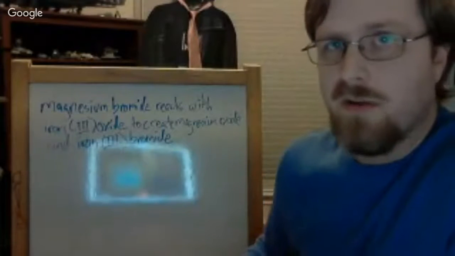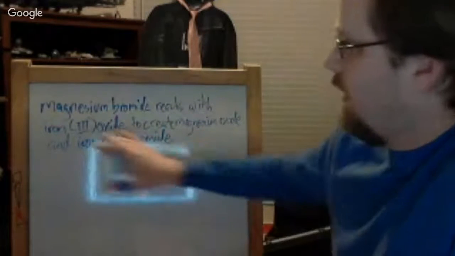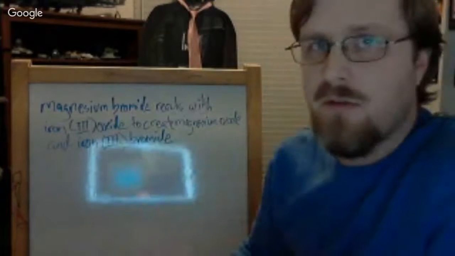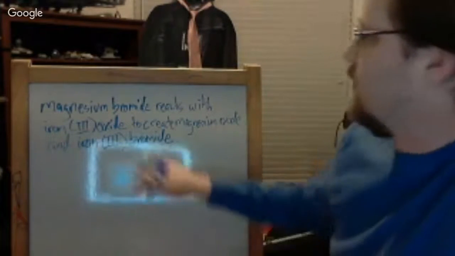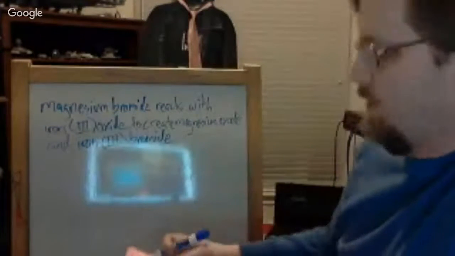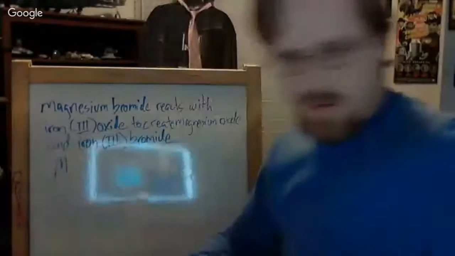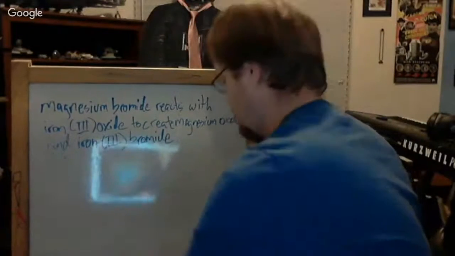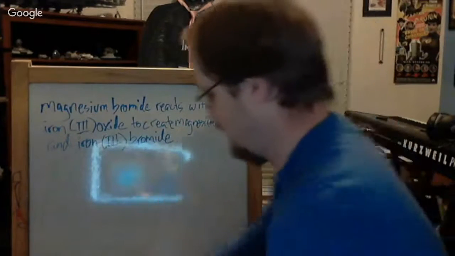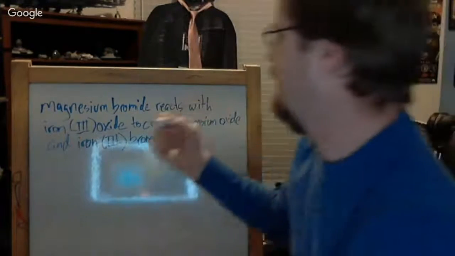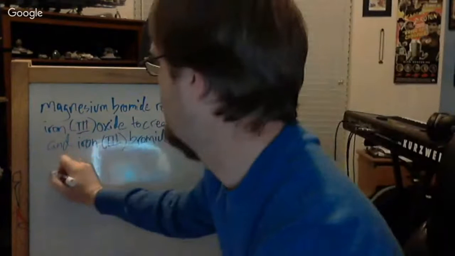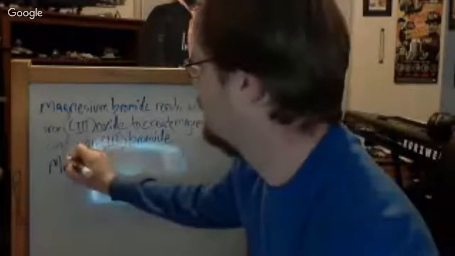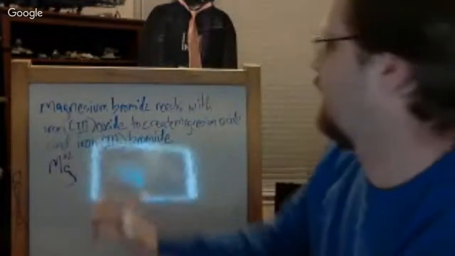So what we're going to do is take each compound one at a time and put them into the equation. Okay, so magnesium bromide. For the sake of this, I'm going to put the answer in a different color, to separate things out for you. Magnesium is Mg. It is in group 2, so it has a charge of +2.